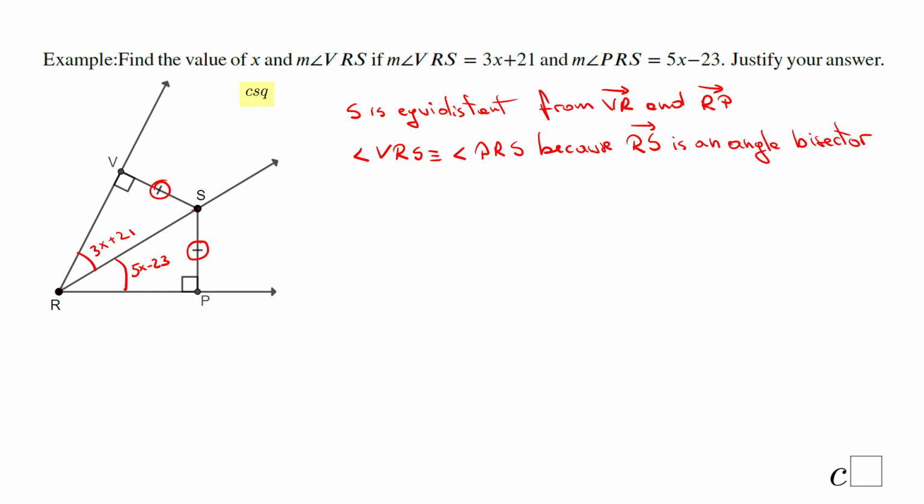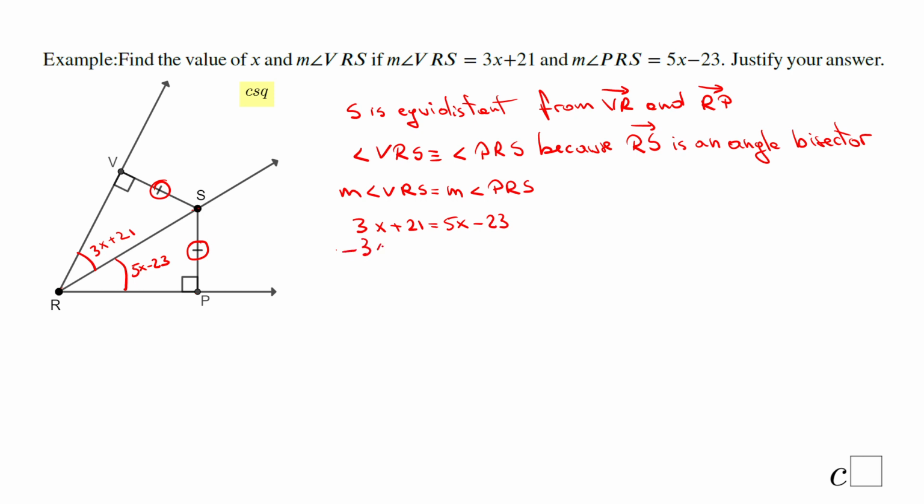And now we know the measure of angle VRS equals the measure of angle PRS. So now we can write the equation 3x plus 21 equals 5x minus 23. Now I'm going to solve for x.